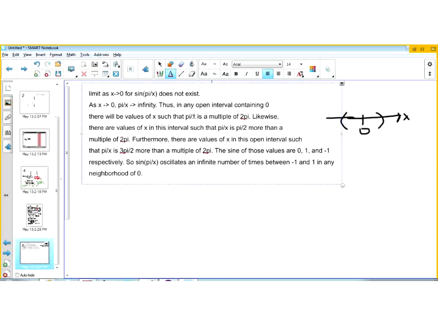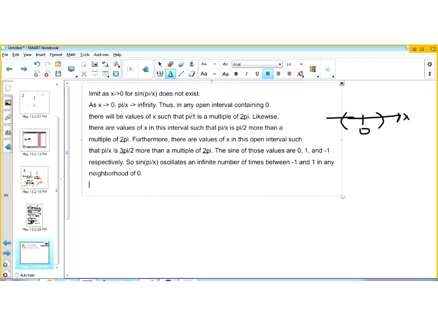Okay, and you can, because you can always find these x values that generate output pi over x of being 2 pi, or a multiple of 2 pi, or pi halves plus a multiple of 2 pi, or 3 pi over 2 plus a multiple of 2 pi. Convince yourself that you can find an infinite number of x values that would generate this.